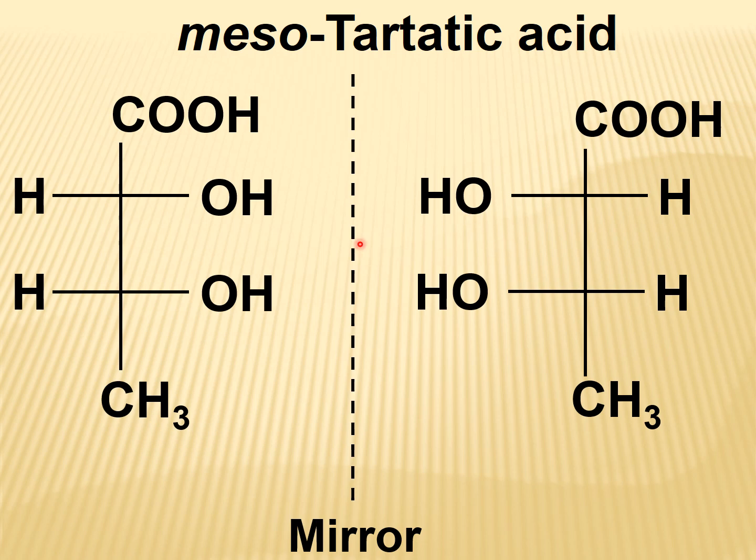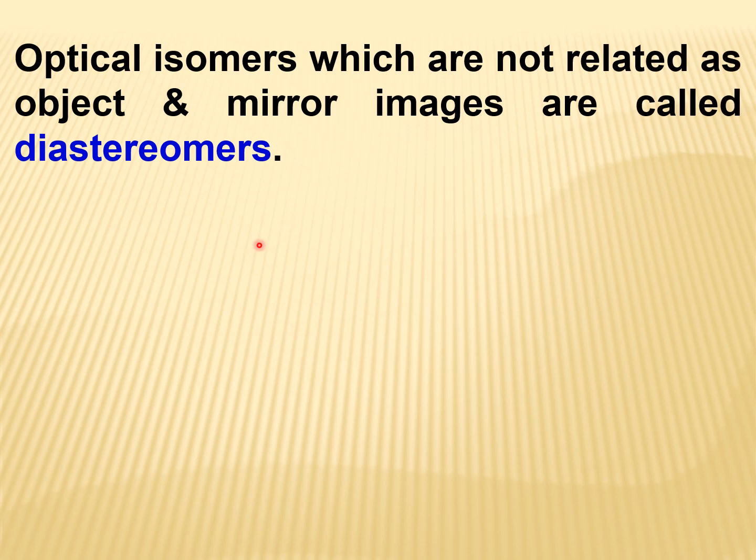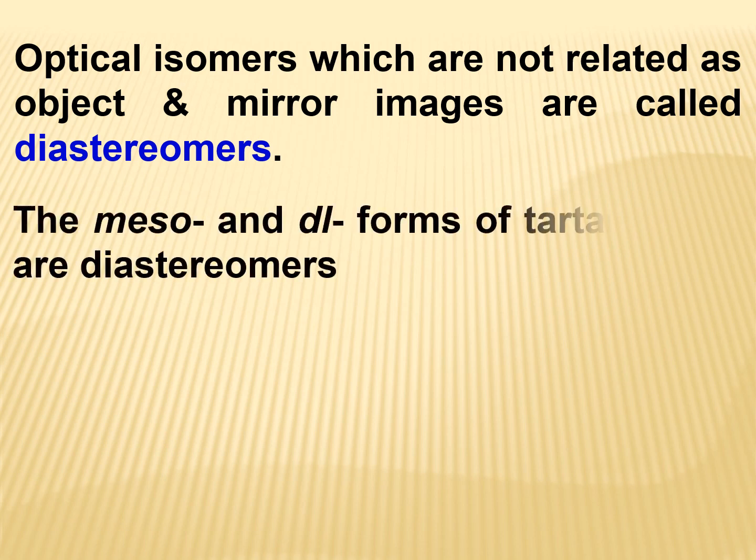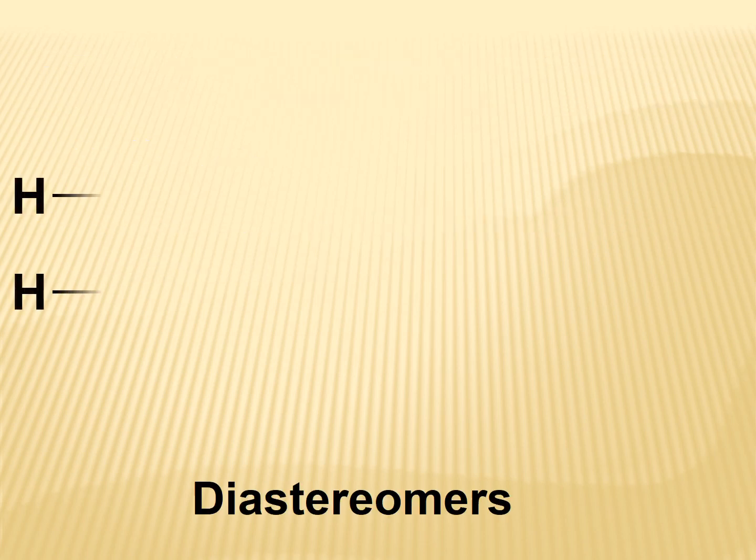Now if you compare this meso and the D or L forms, they are called diastereomers. Optical isomers which are not related as object and mirror images are called diastereomers. So the DL and the meso forms of tartaric acid are diastereomers. This is the structure.